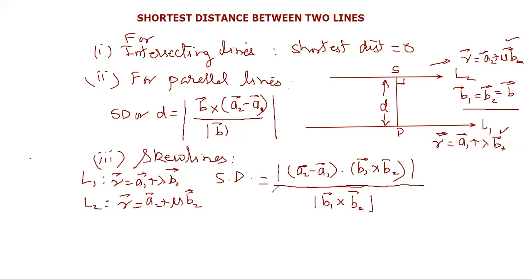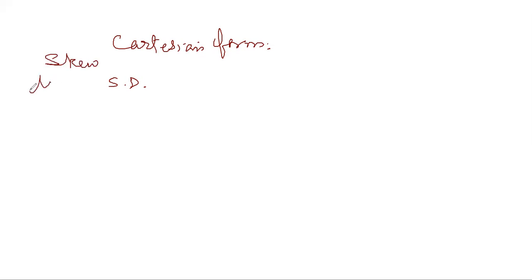In the Cartesian form, the same formula will be reduced to, I'm talking about skew lines.